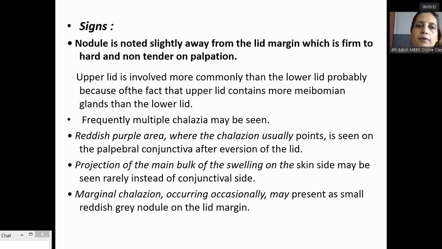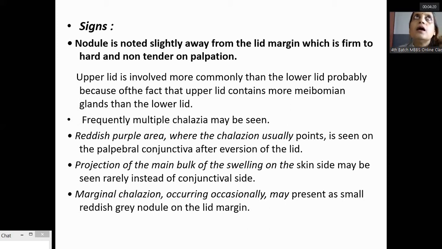So the upper lid is involved more commonly because a greater number of meibomian glands are present in the upper lid. The Chalazion can be at both the upper and the lower lid, but as the glands are more in the upper lid, you will see the Chalazion frequently in the upper lid. Frequently, multiple Chalazia can also be seen.